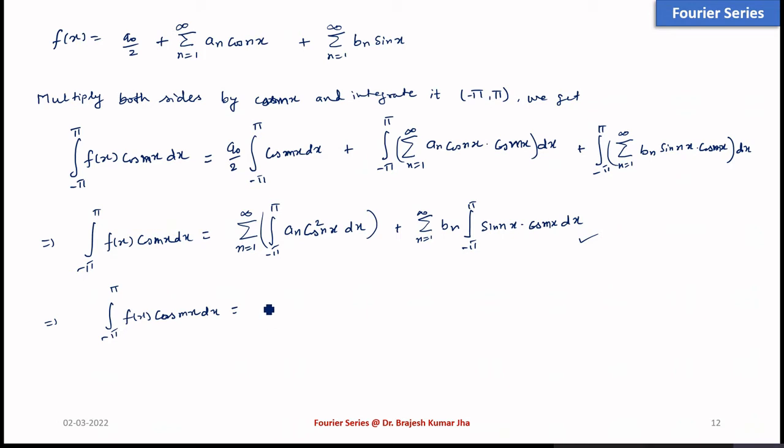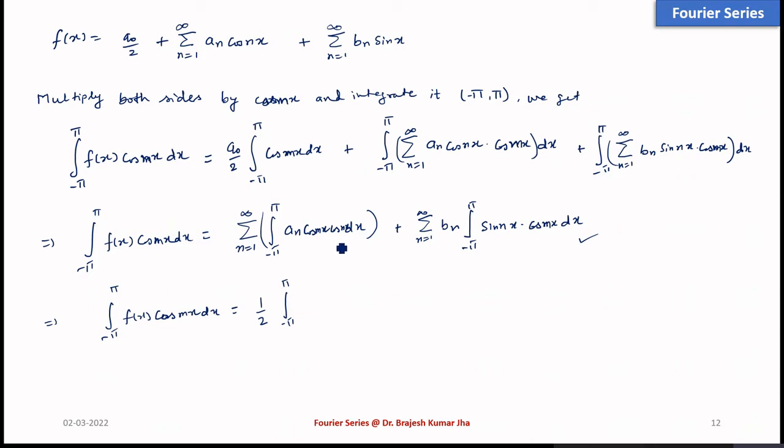is going to be equal to 1 by 2. Okay, this would not be cos square, it will be cos mx into cos nx dx. So in such a case, if we take 1 by 2, and the integration from minus pi to plus pi, then 2 times cos mx cos nx.